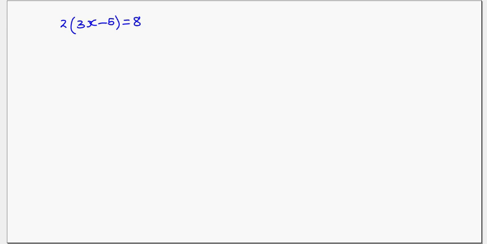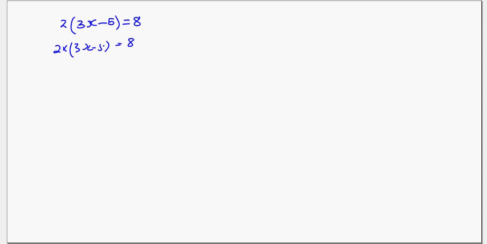When you're trying to solve for x, the last thing that you would normally have done is the first thing you have to reverse. And the first thing you have to reverse is this multiplication by 2. Okay, so this is way number 1. This means 2 multiplied by 3x minus 5 equal to 8.